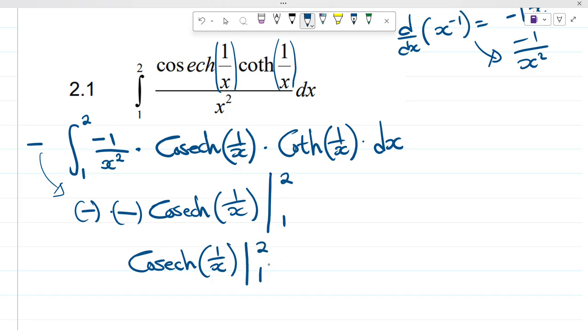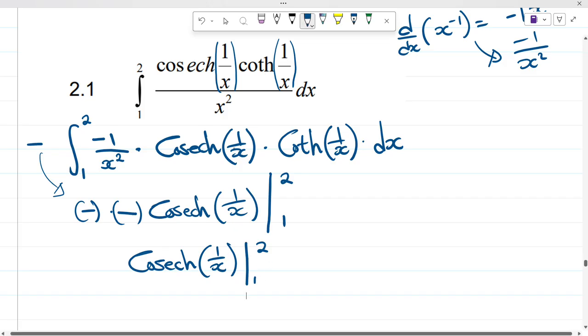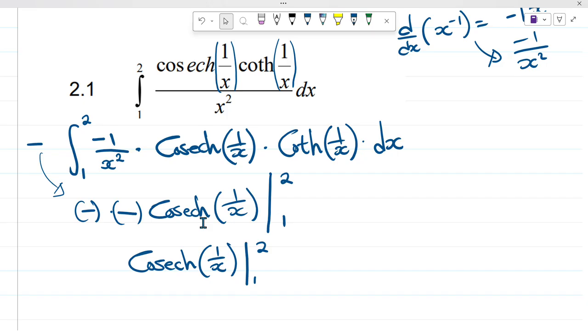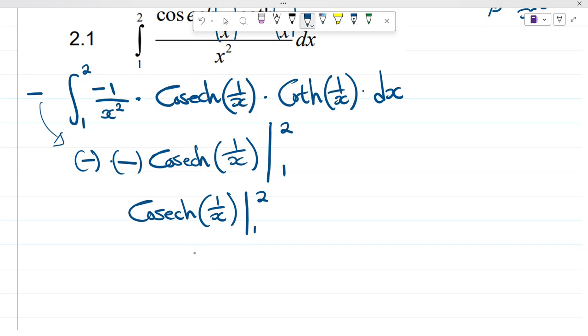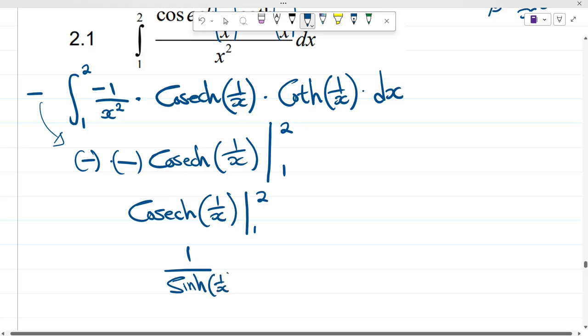So we need to substitute these limits in our calculator. We know that in our calculator we don't have hyperbolic cosec, right? So we try to rewrite hyperbolic cosec with its reciprocal equivalent. So this is going to be 1 over hyperbolic sine of 1 over x, and then we put our limits being 2 and 1.